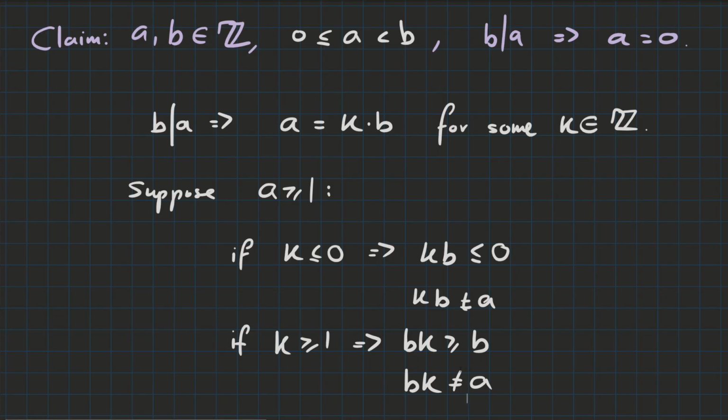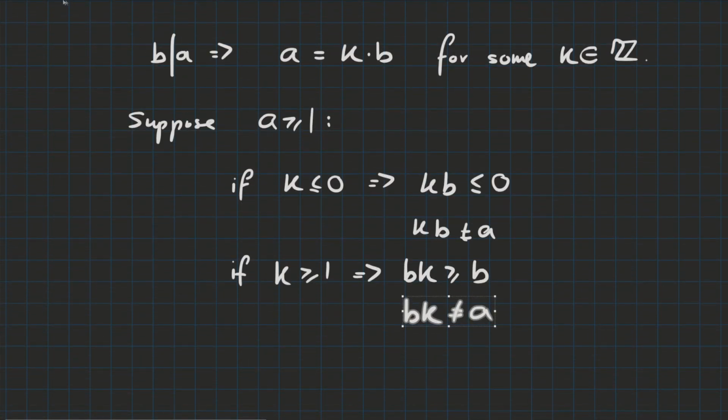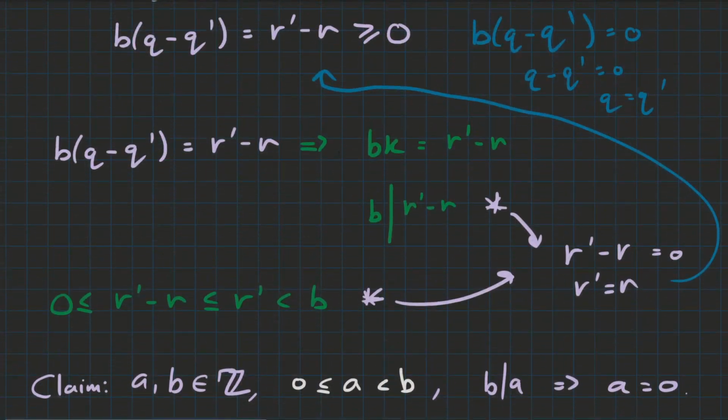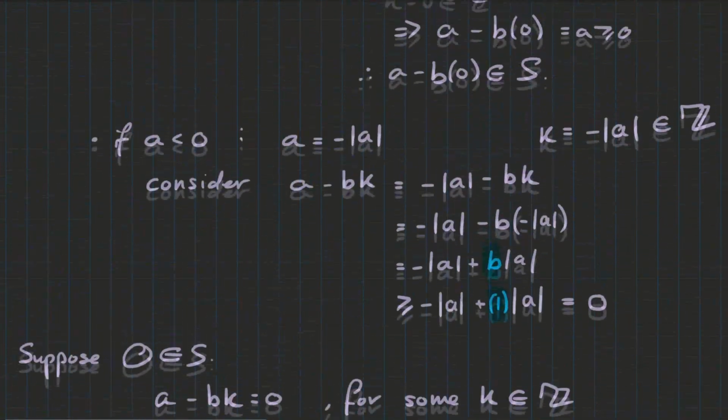So using the fact that A is less than B, BK would be greater than or equal to B, but A is strictly less, and so it certainly can't be A. And so then we have a contradiction. By contradiction, A must be 0. And that completes the entire proof.